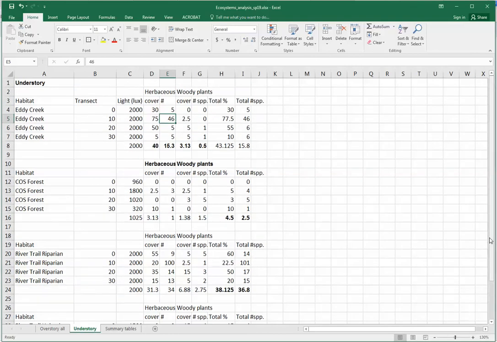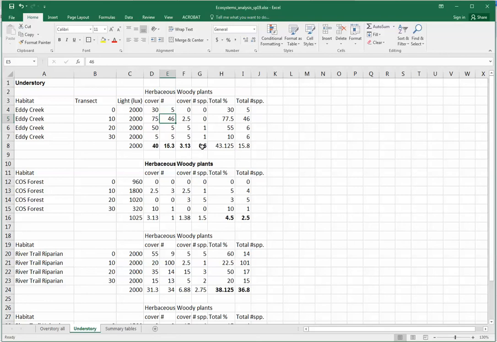Okay, so these are the raw data, and you can see here I've just taken the averages of the 4 groups from your understory plots. So these are the data that you collected in the 1 by 1 meter plots. So for cover, the numbers down here are just the averages. This is the average for number of species that we found at Eddy Creek. This is the number for cover, percent cover of woody plants.